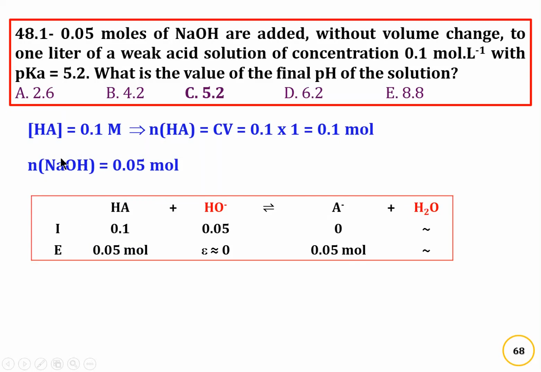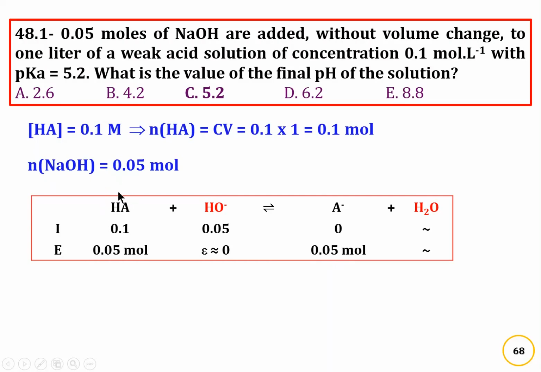At t equals 0, we have 0.1 mole HA and 0.05 mole OH-. The reaction proceeds till equilibrium, and OH- is limiting. So HA remaining equals 0.1 minus 0.05, which is 0.05 mole, and A- formed equals 0.05 mole.